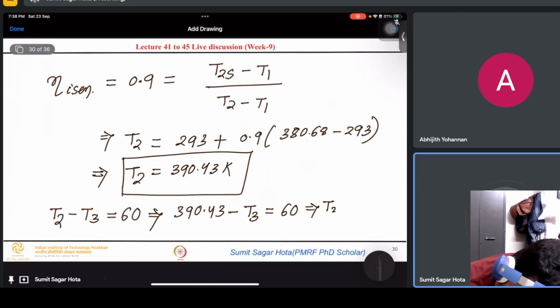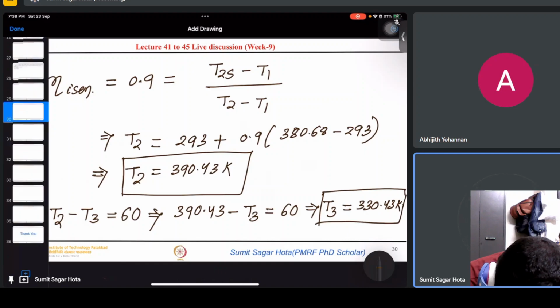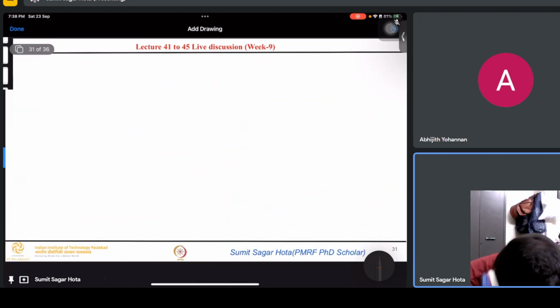So what is your T3? 330.43 Kelvin. So now you have T2 and T3.